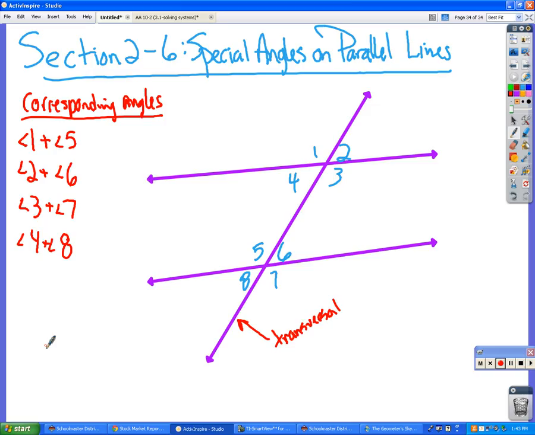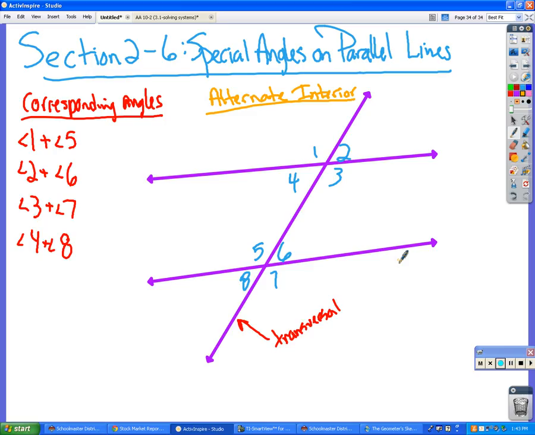Alright. Then we can break it down even further or come up with another set of pairs. There are also ones that are called alternate interior angles. So the idea of interior means inside these two lines. So you know you're going to pick some angles from inside these two lines.